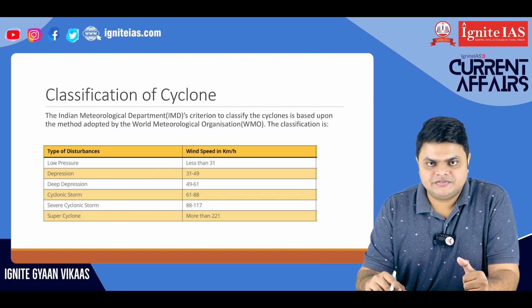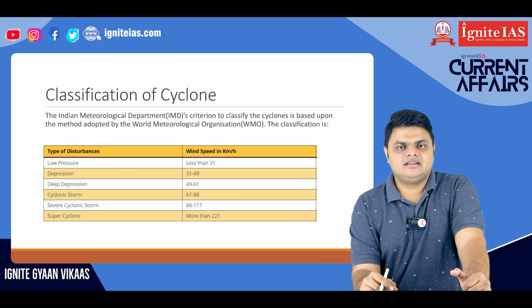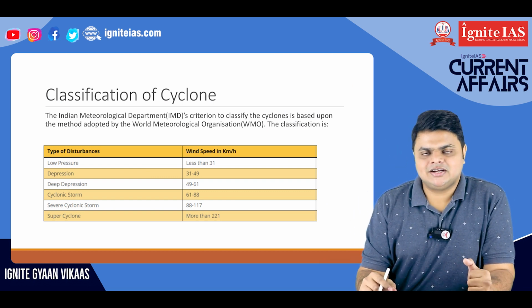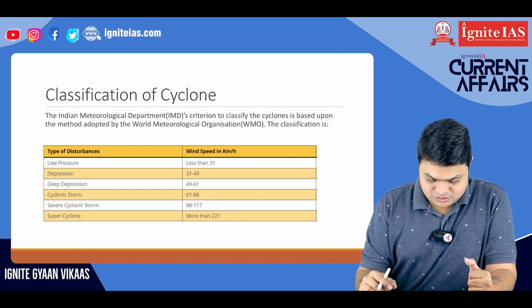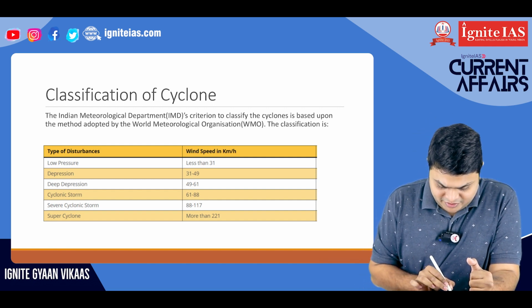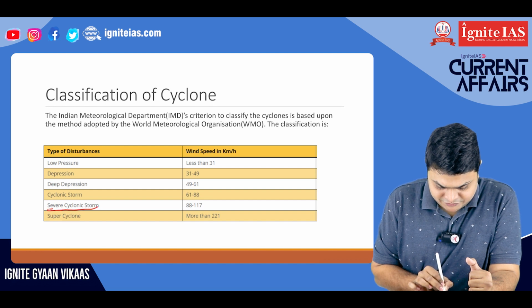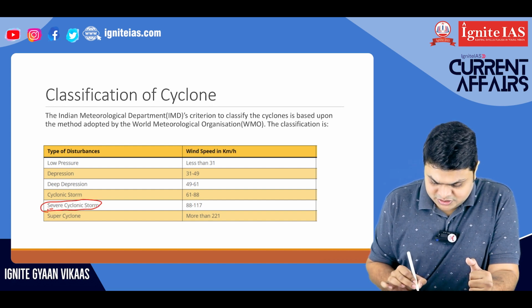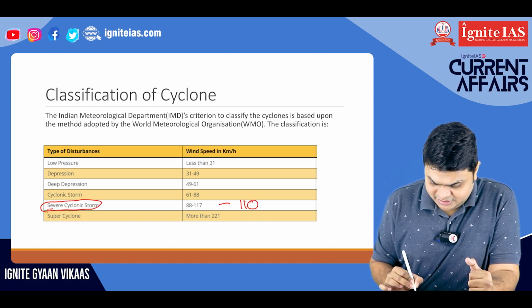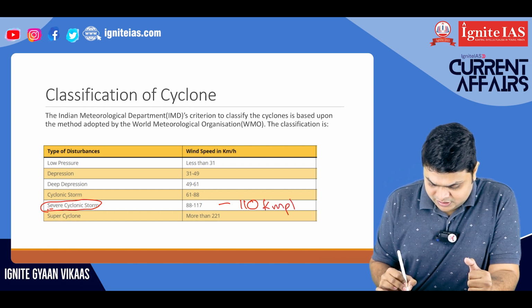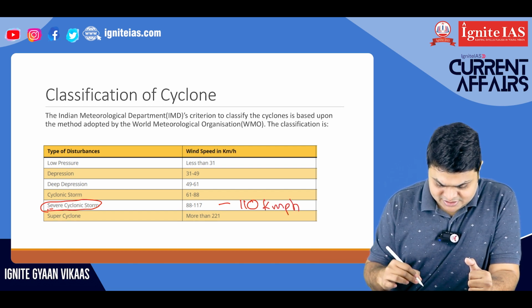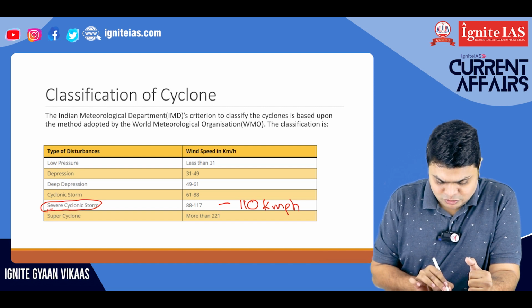Now, let's understand the classification of cyclones. The IMD, the Indian Meteorological Department, classifies cyclones based on wind speed. Currently, cyclone Michaung was given a classification of severe cyclonic storm because it has reached speeds of up to 110 kmph. So basically, based on the speeds, suppose it is less than 31, it is just classified as low pressure.